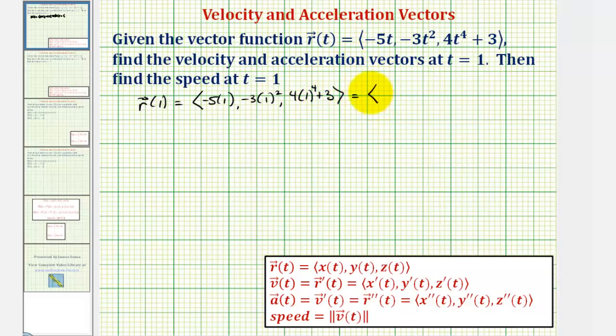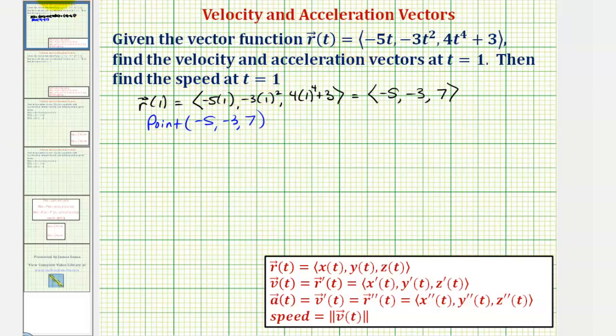So the x component would be negative 5, the y component would be negative 3, and the z component would be 4 plus 3, or 7. So this tells us we're determining the velocity and acceleration vectors at the point on the curve (negative 5, negative 3, 7).